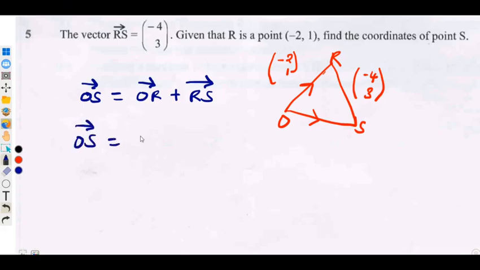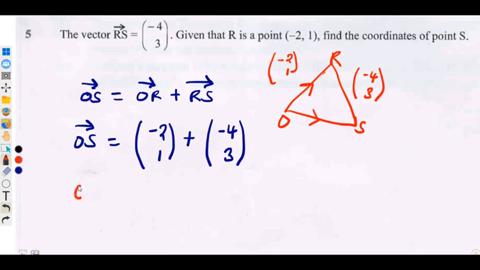Where there is OR, you put (-2, 1), the coordinates for R, plus where there is RS, you put what you have been given, which is (-4, 3). Then from here, you're going to write OS equal to, just add negative 2 plus negative 4. This will give us negative 6. Then 1 plus 3 will give us 4. So this will be OS.